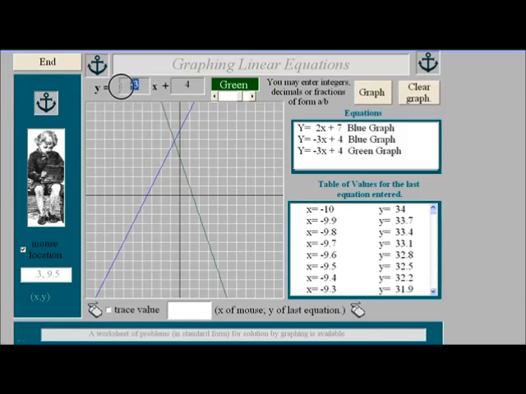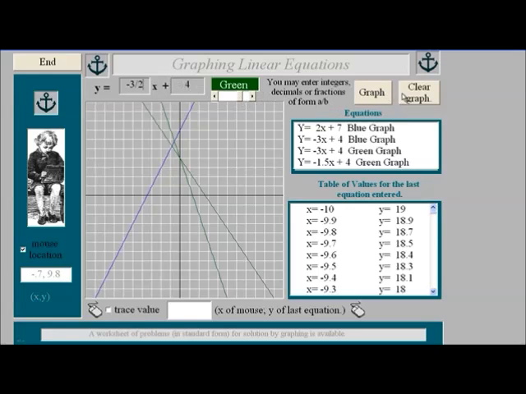And I need to experiment here to see if I allowed you to put in -3 divided by 2. I think when I enlarge the screen, I may have done that. Let's see if the slope of that is 3 divided by 2. Yeah, it looks like you could put in a fractional value for the coefficient.